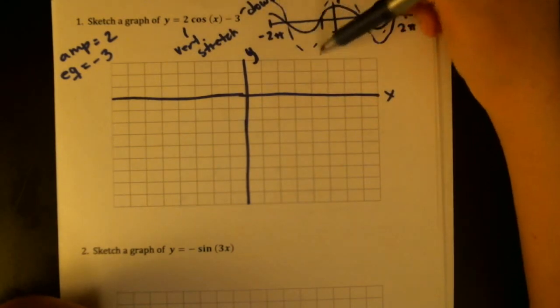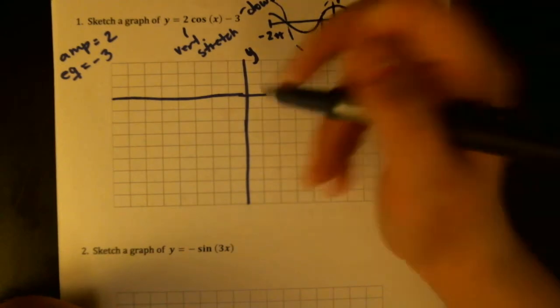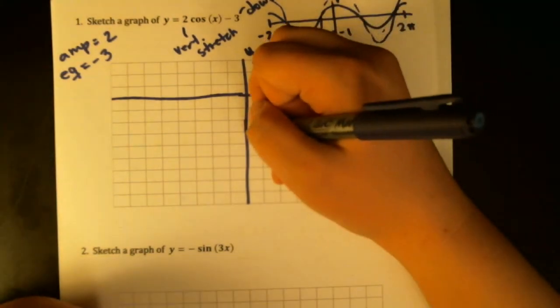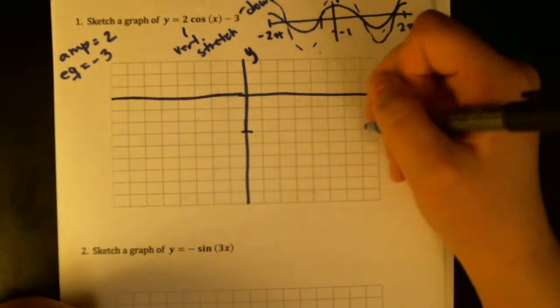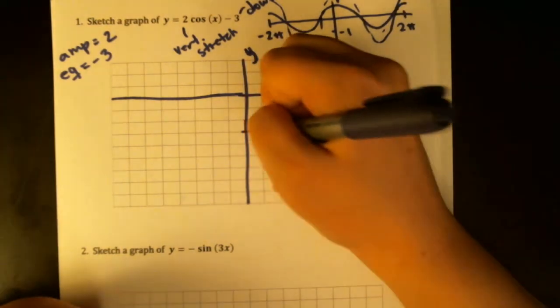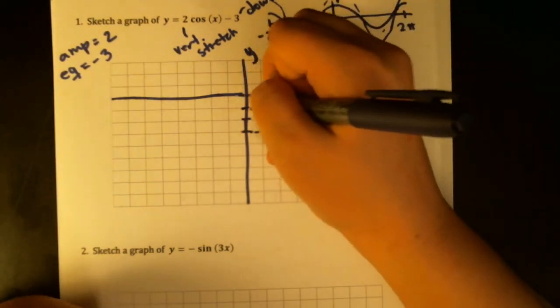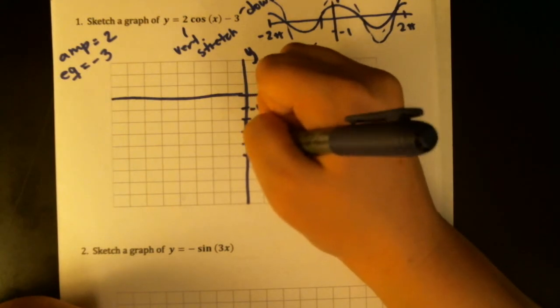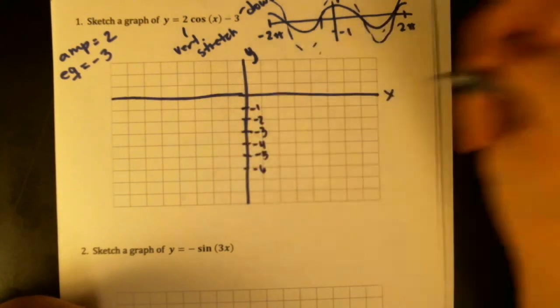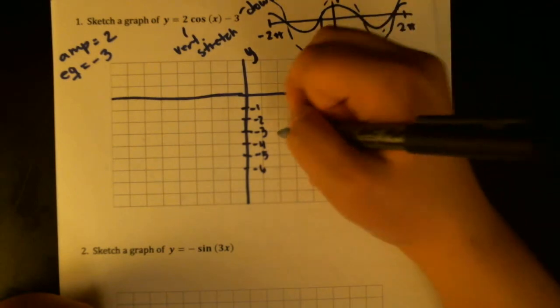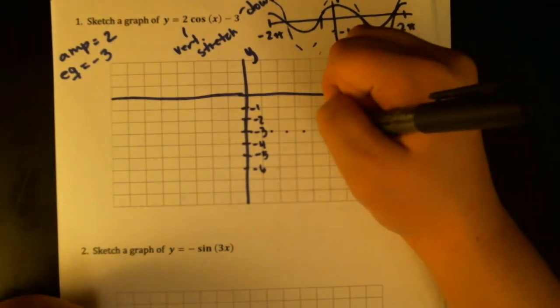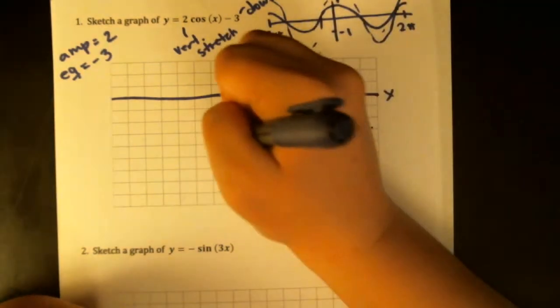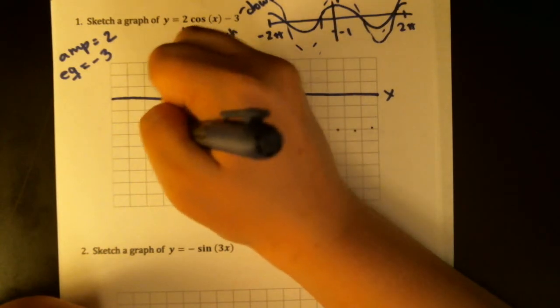Okay, so we're taking this stretched out graph that goes up and down 2, and we're shifting it down 3. So let's say that's our -3. Okay, so -3 equilibrium, you don't have to do this, but I tend to just dot in really lightly, however you want to do it.